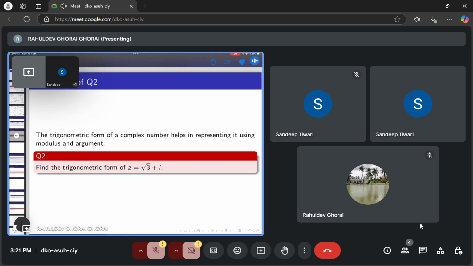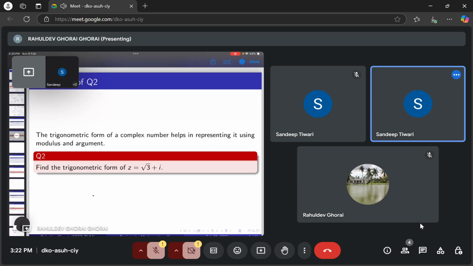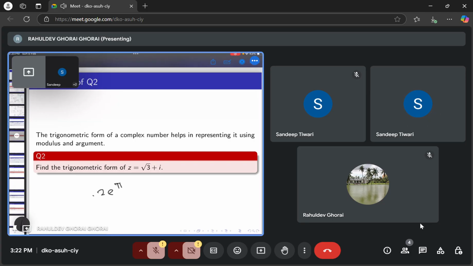That should be okay, because you write any z as r cos theta plus i r sin theta, and then you make r cos theta equal to square root 3, r sin theta equal to 1.